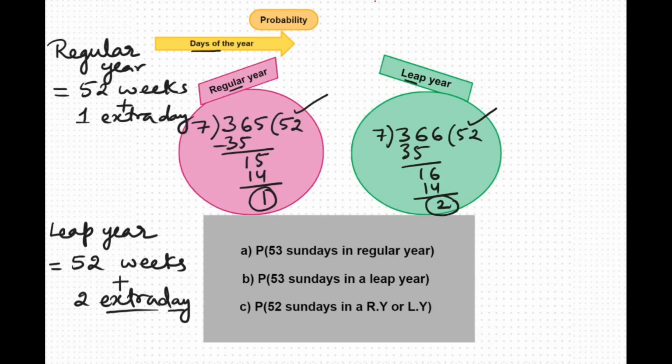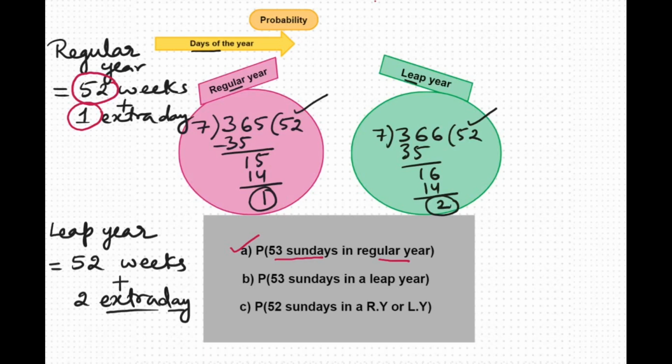Now let's try to answer the probability of having 53 Sundays in a regular year. In a regular year, there are 52 weeks. So 52 weeks for sure will have 52 Sundays. But what is the probability of having 53 Sundays? If this extra day is also a Sunday, then a regular year will have 53 Sundays.